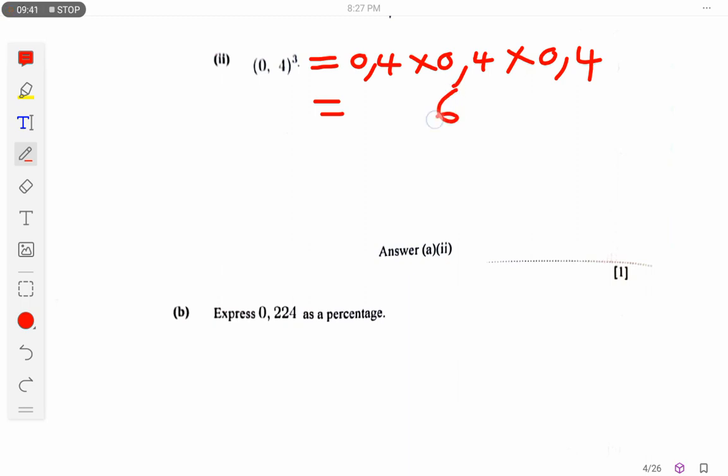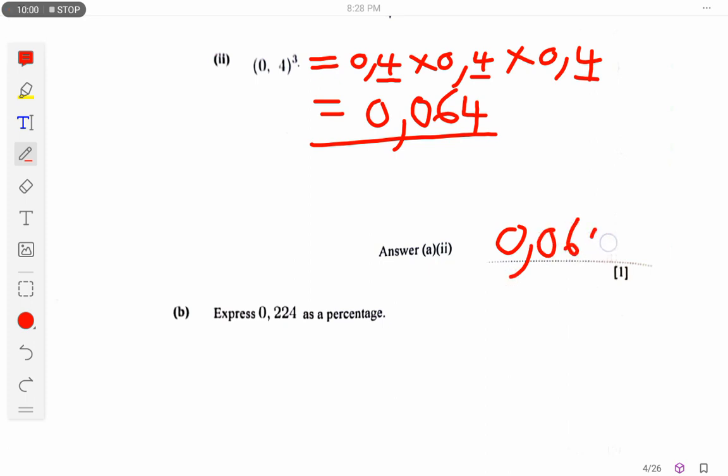Now having my 64, how many decimal places do I have? 1, 2, 3. So I also have to have 3 here. So I'm going to add a 0 there, then I can put the comma. So my final answer will be 0.064. Okay, let's move on.